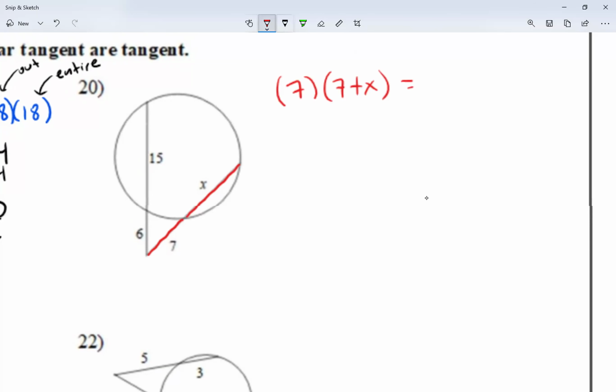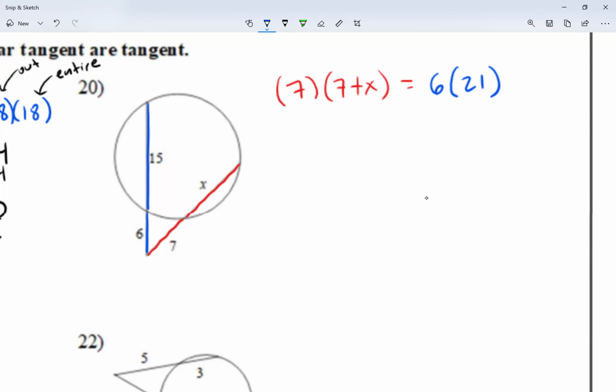Now let me take a look at the other segment. I see part of it is 15, part of it is 6. So I ask myself, outside of the circle is 6. How big is the entire thing? 21. Yeah, I could have written it as 6 plus 15, but I'm just going to call it 21, right? 6 plus 15 is 21.